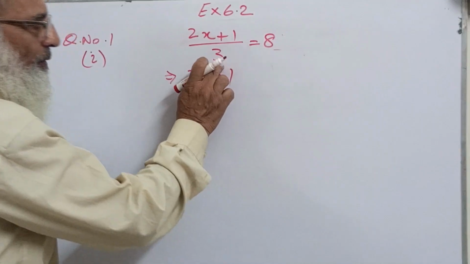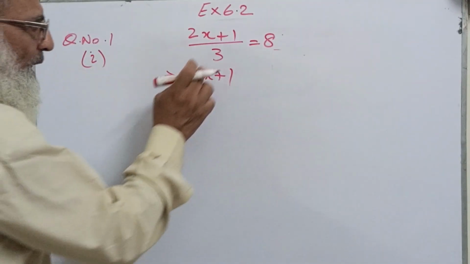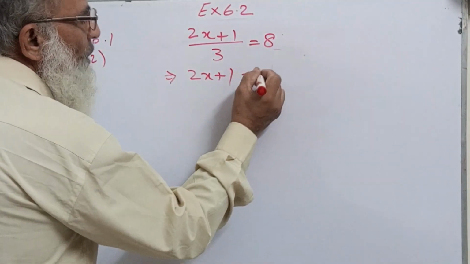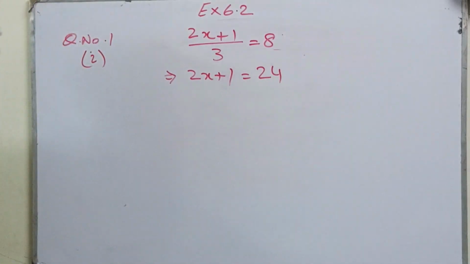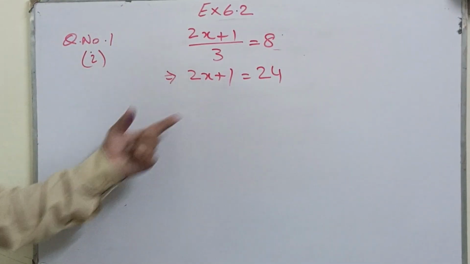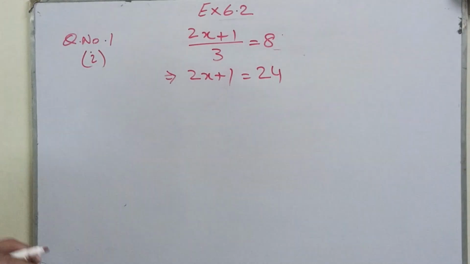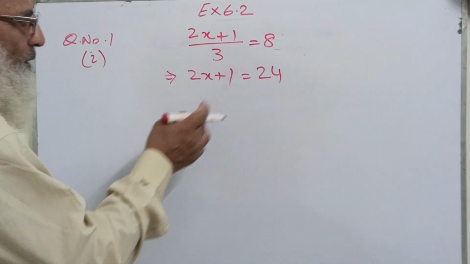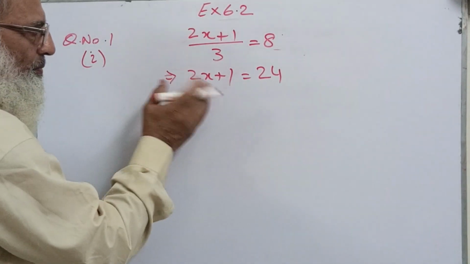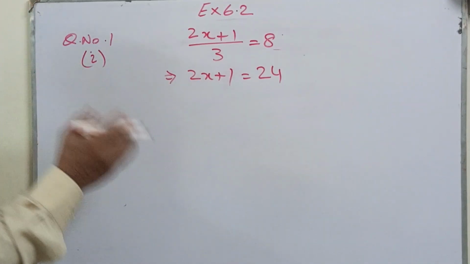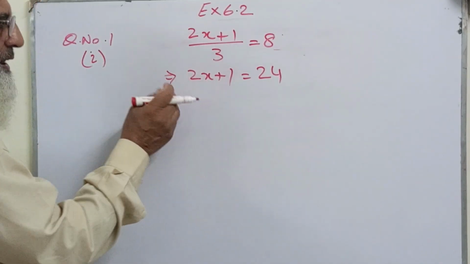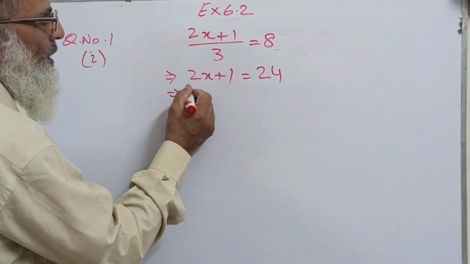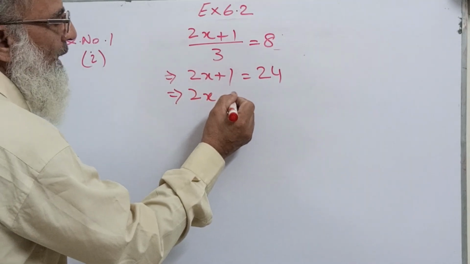But when you multiply 3 with 8, it will become 24. 3 8 times is 24. So you can see that now we are getting the shape of a linear equation with one x variable on one side. So it is the same.